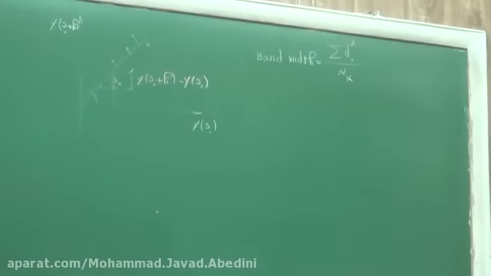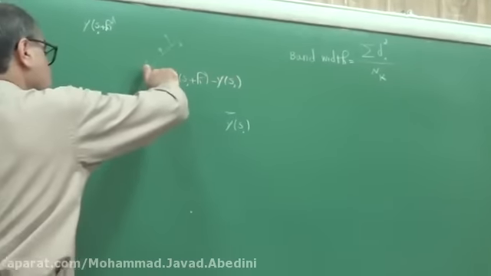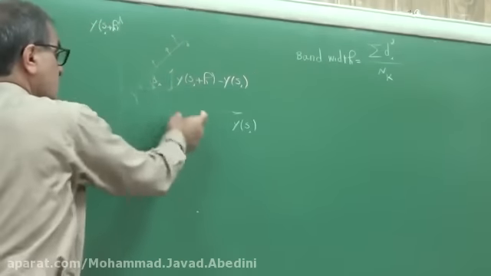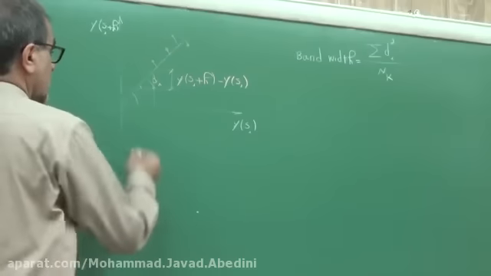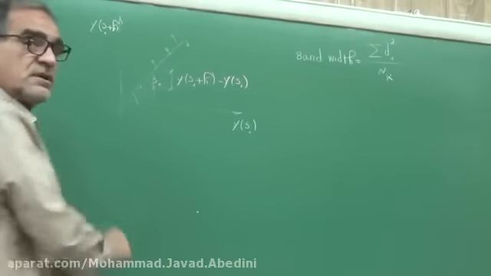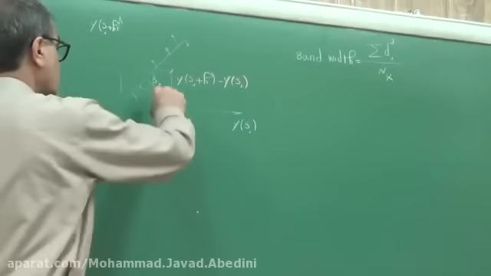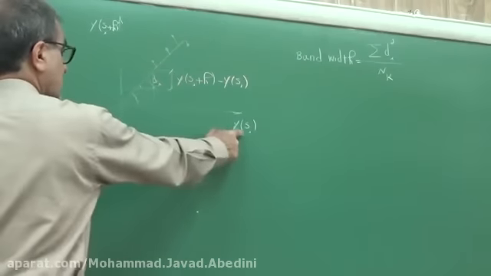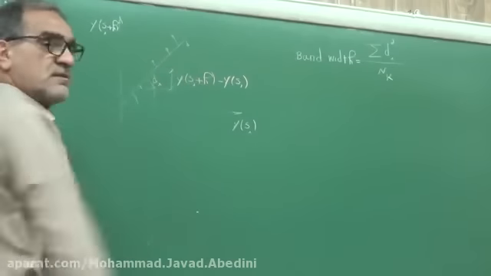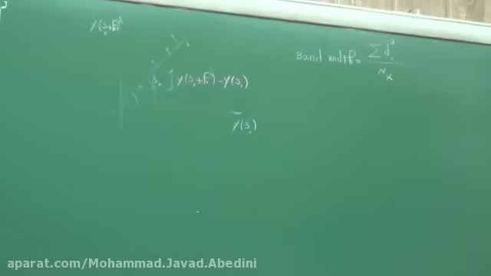Okay? Because from here to here is this, and from here to here is the same as from here to here. Therefore, from here to here is y at si, and here is the first increment.